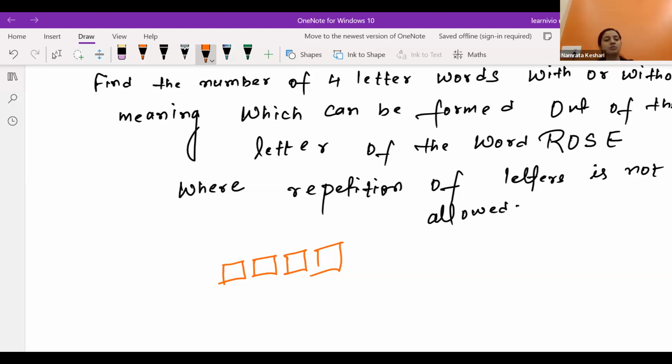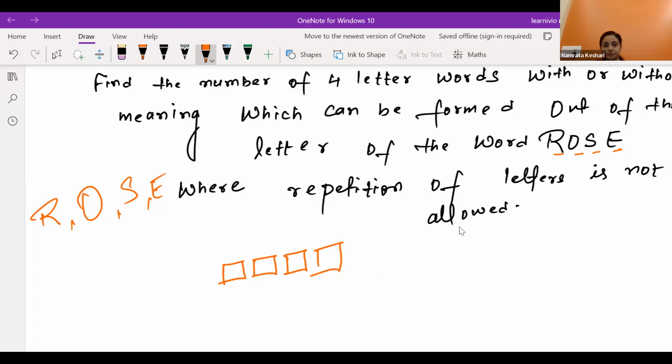Any word which may or may not have any meaning, which can be formed out of the letters of the word ROSE, where repetition of letters is not allowed. So how many letters do we have in hand? R, O, S, and E. By using these R, O, S, and E, we have to find the four-letter words.